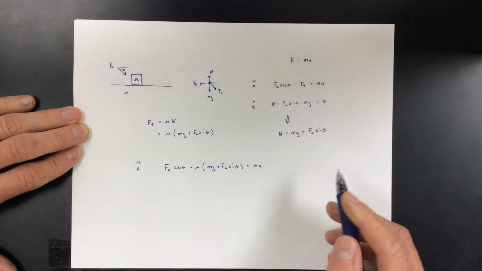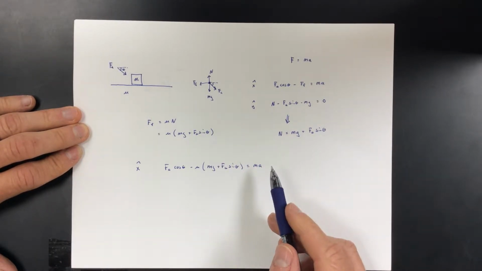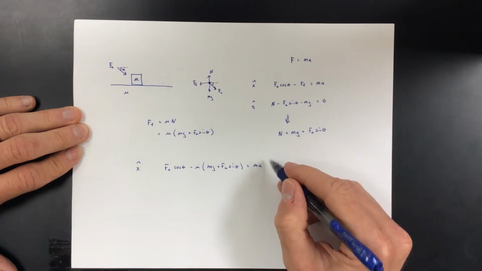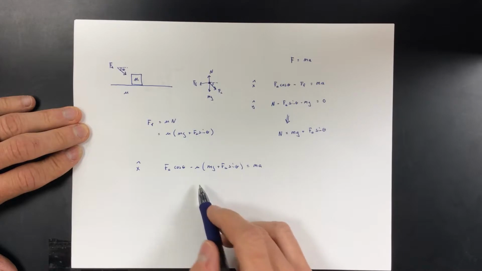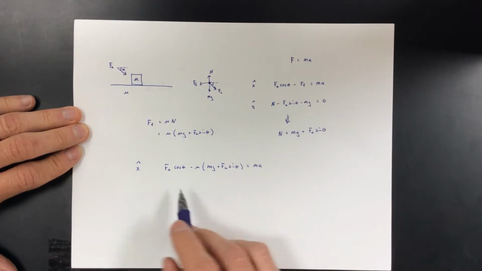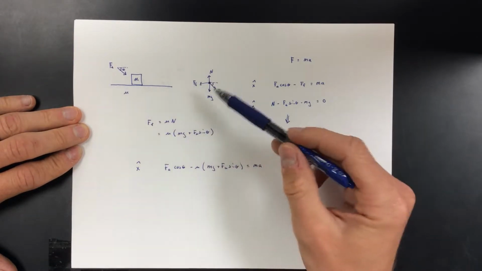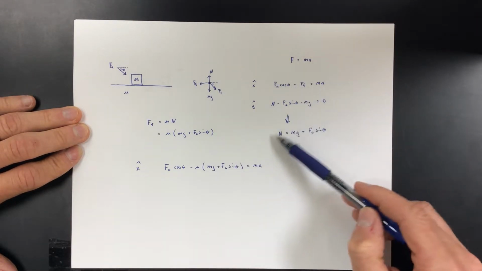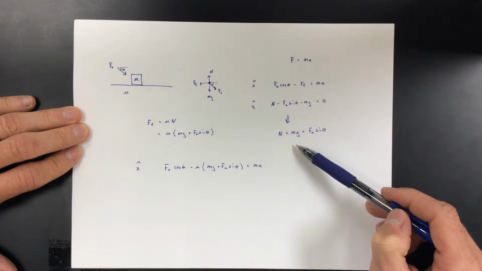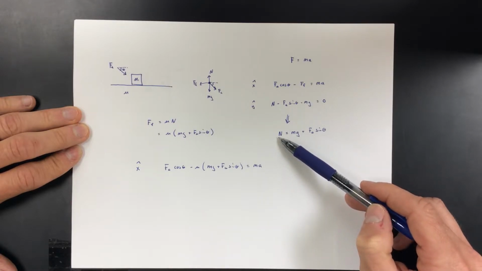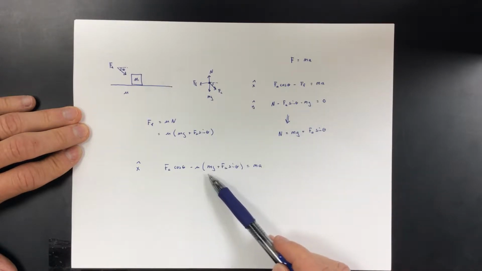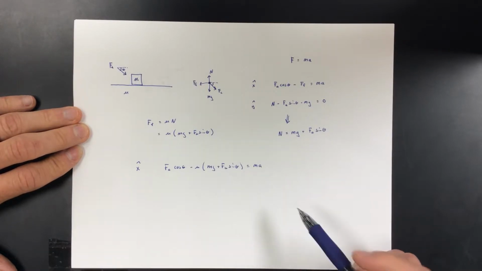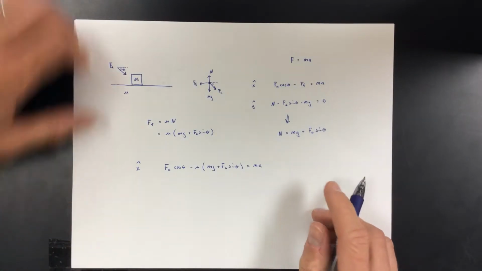And at this point, one of these is a variable. Maybe they say you just want to make it move, so you set the acceleration equal to 0 and you find the coefficient of friction, or you find the applied force that makes it move. But realistically, the free body diagram leads you to these equations. We almost always want to know what the normal force is for this particular problem because we need to use the normal force in the friction equation, because friction is mu times the normal force. And then after this, you can solve for whatever variable you want based on the different situations.